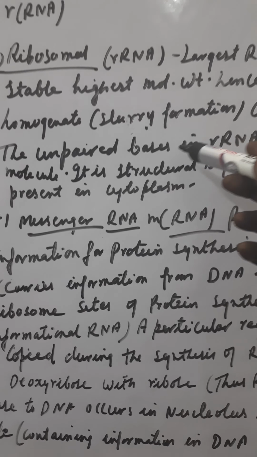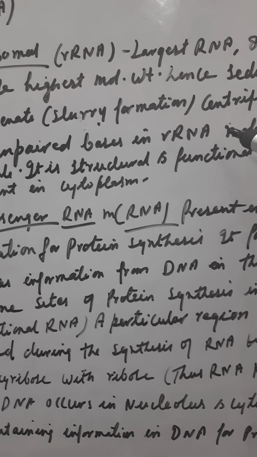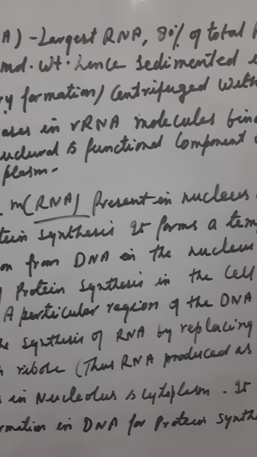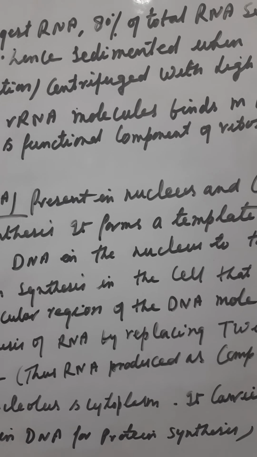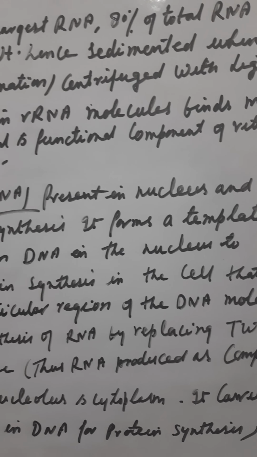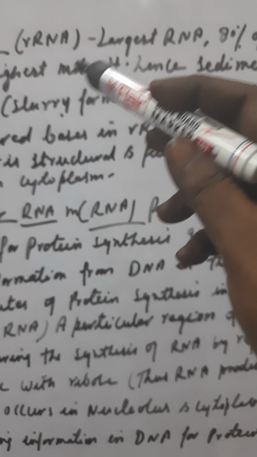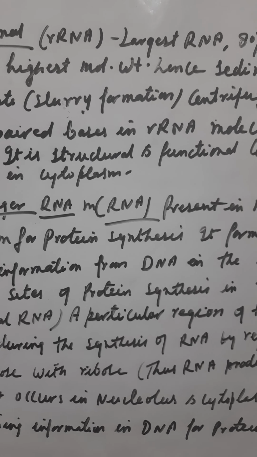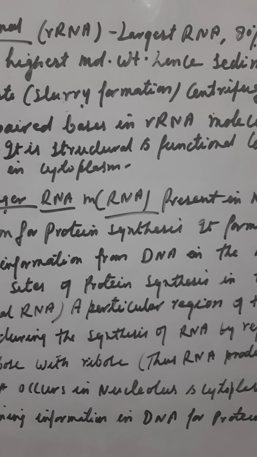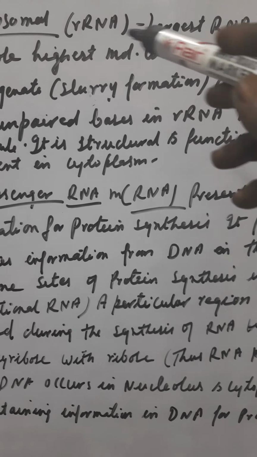The unpaired bases in rRNA molecules bind mRNA and tRNA in the protein synthesis process. rRNA is a structural and functional component of the ribosome, and it is present in the cytoplasm.